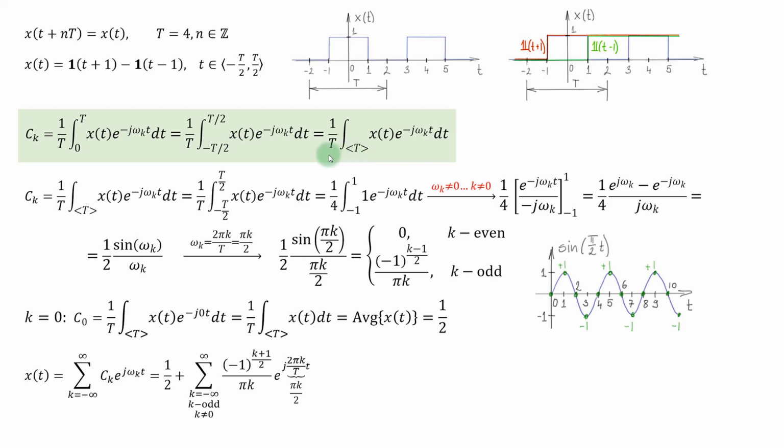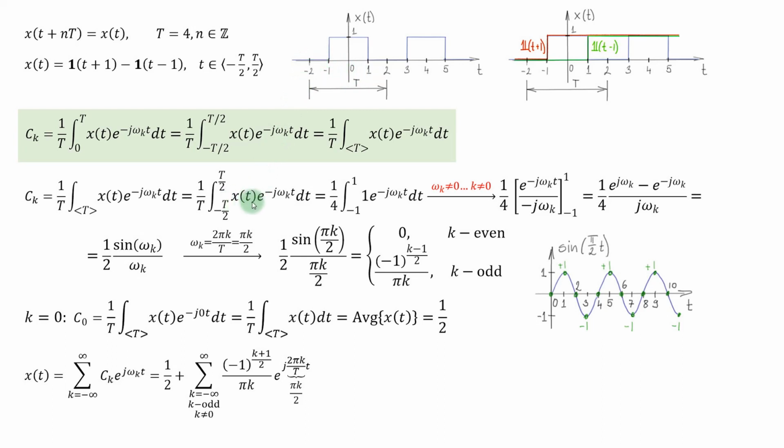Okay, now let's evaluate this integral. Here I have written it again, and here I have copied it, and I have chosen my integration limit to go from minus half the period to half the period. I will be integrating within this interval. Now, when time is greater than minus 2 and less than minus 1, my signal is 0.